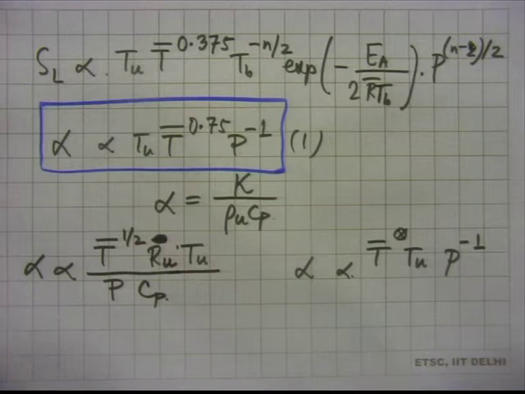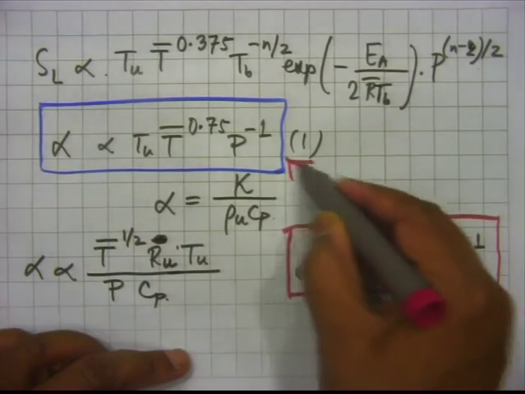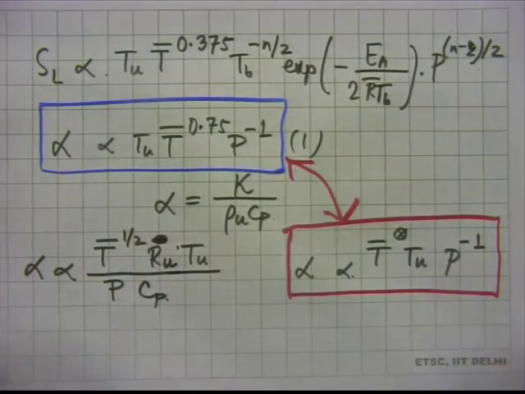So, if you compare what I have just now done, this red box, and what is there in Turns's book, the blue box, then you will see that we are doing okay, except that we do not know what the power of T bar should be. Actually, Turns has used a power of 0.75, which is a little debatable. He has used this on some empirical basis.